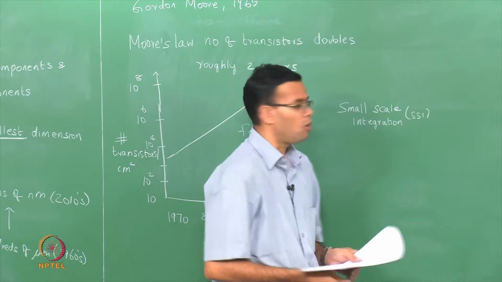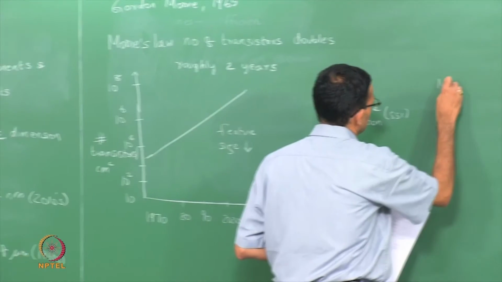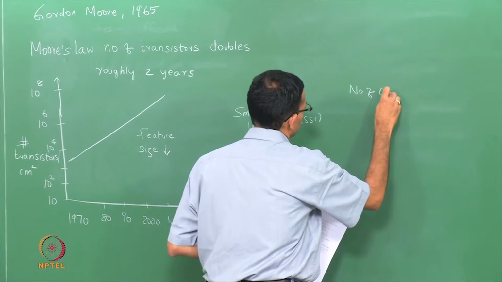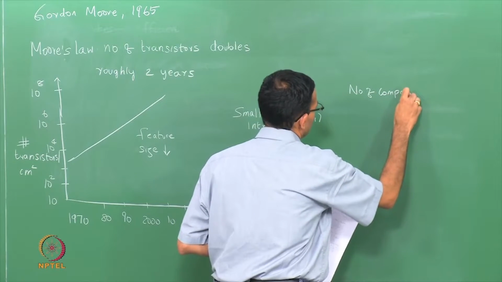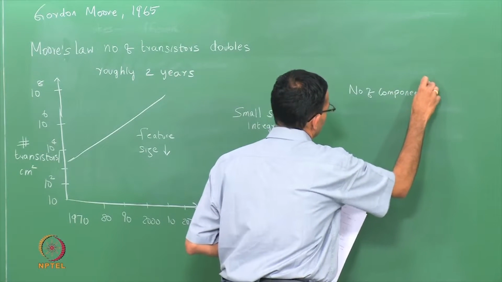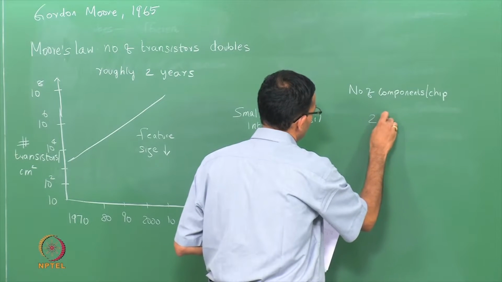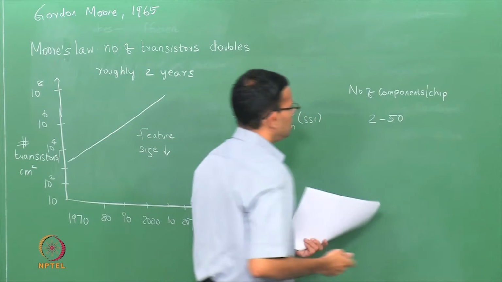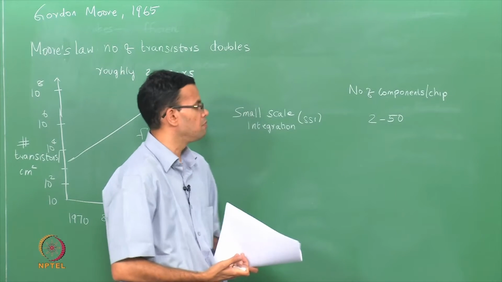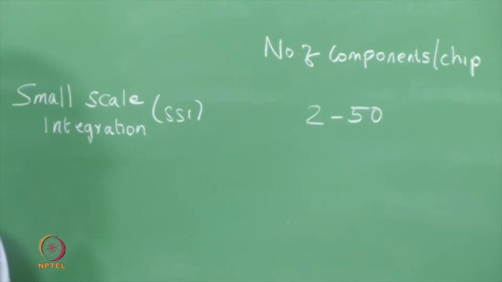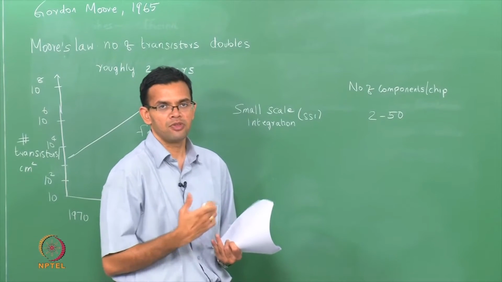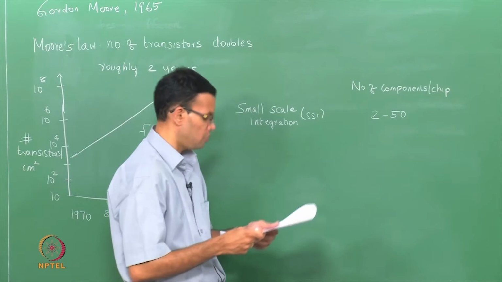So the number of components is usually around 2 to 50. So, just tens of components per chip. So, these components could be transistors, could be diodes, resistors, capacitors, and so on.